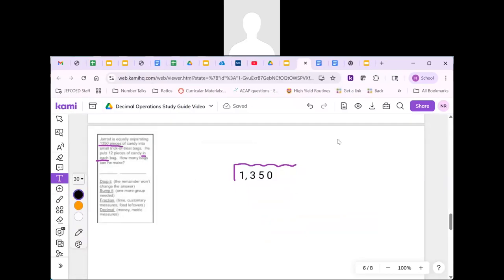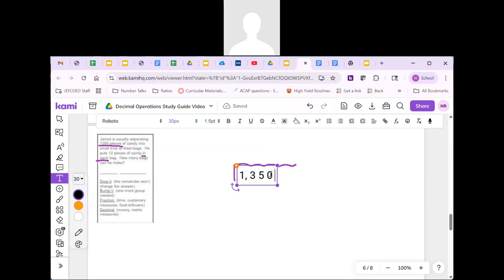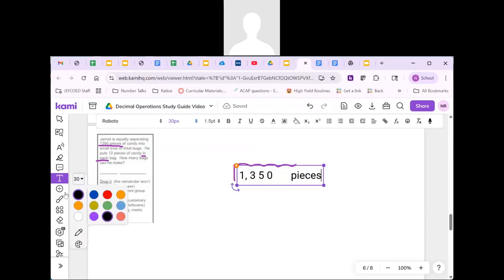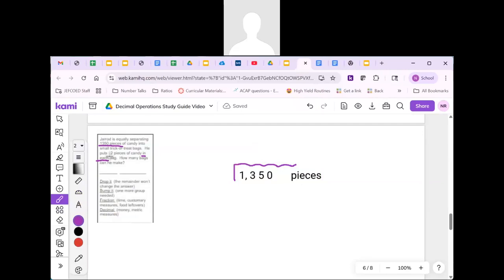So I like to keep it short if I can. As long as you have the noun, you can just write pieces. Okay? All right. Now I go and look at my other number. He puts 12 pieces. All right. So I know that I am making groups with 12 pieces in each group, right? All right. Because it says pieces.